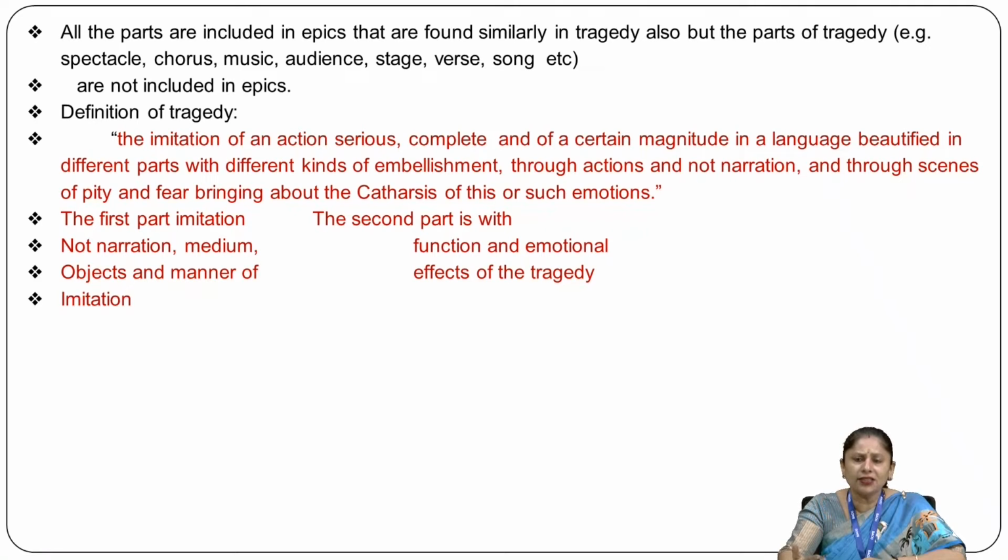Here again there is a mention of tragedy, which is included in drama, tragic drama, and epics do not contain all these points: spectacle, chorus, music, audience, stage, verse, song. Most of the points could be found, but some are missing in epics.